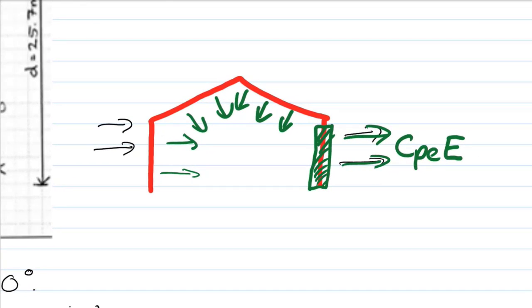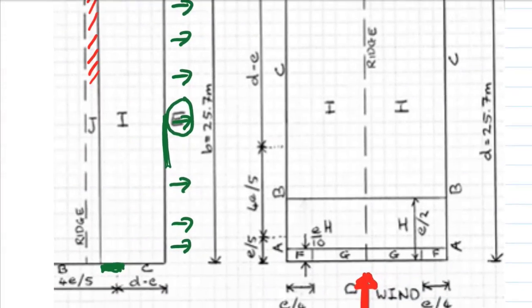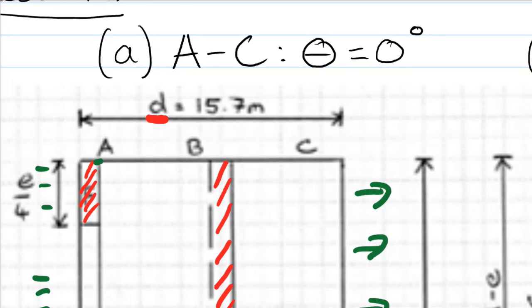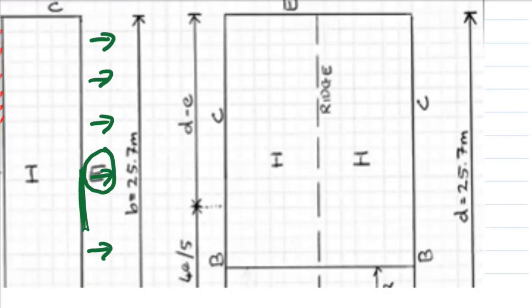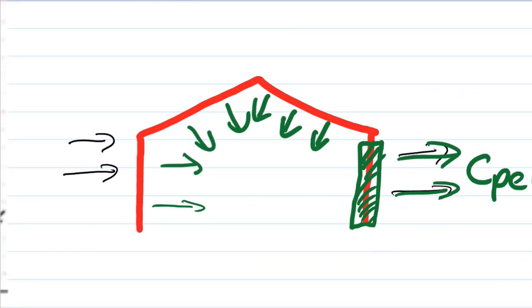If, for instance, this door was in a different zone, let's say our dominant face was up the top here and it fell across zones A and B, all we would do is find out how much falls within A, how much falls within B, and then take a weighted average of the 2, or the 3 if it falls across 3 zones. But once again, CPI is a function of what is happening outside where the big openings are.